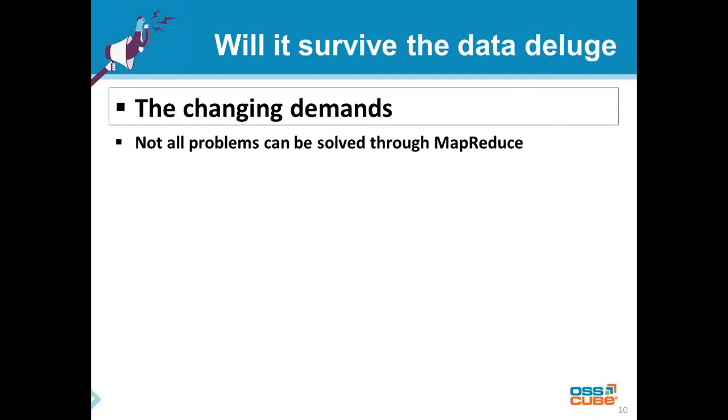MapReduce takes advantage of the distributed system. Data is split, scattered, and then it individually handles each piece. But not all algorithms can work like this. Some algorithms need all of the data together then and there to process and get the output. So some problems cannot be solved through MapReduce.